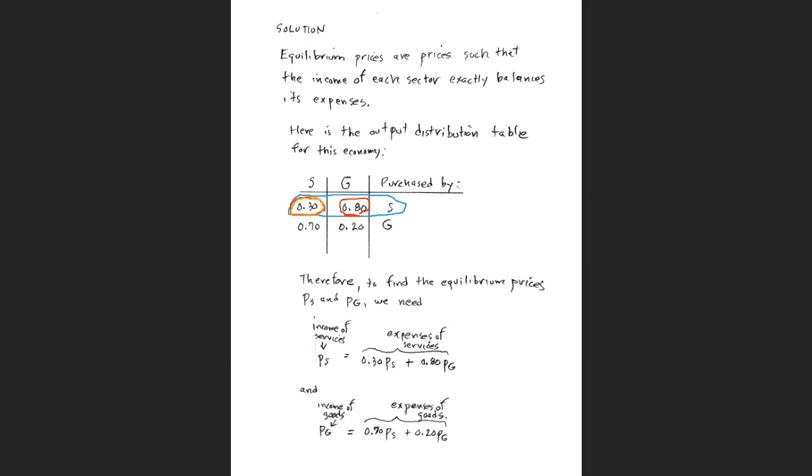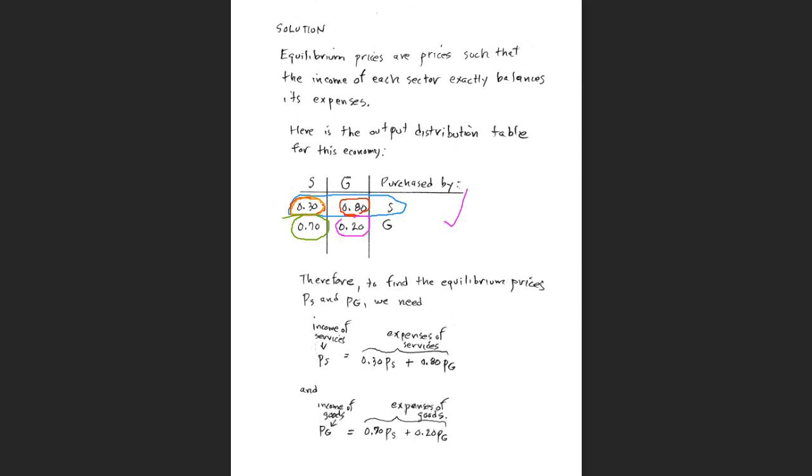On the other hand, goods purchases 70% of services output, but retains 20% of itself. So that's the output distribution table. And based on that table, we can create a system of equations.